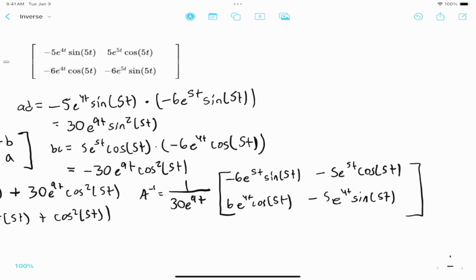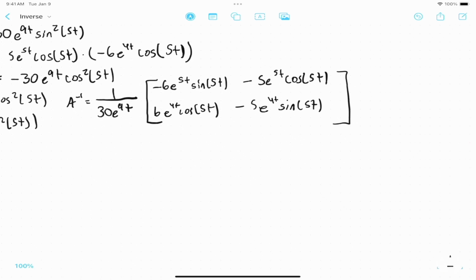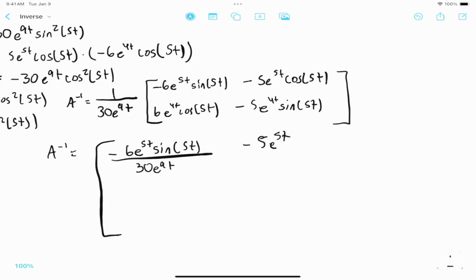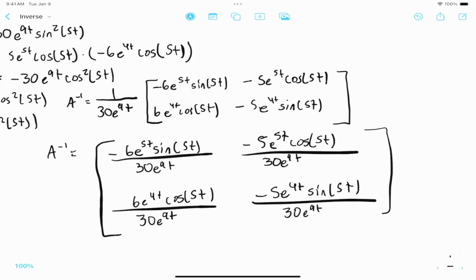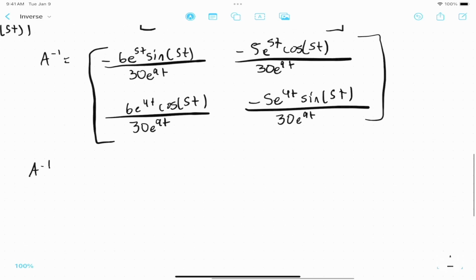Alright, so now we multiply the matrix by the scalar, so each entry has to be multiplied. So I'm going to write it out as such. Alright, so now we can simplify each entry.